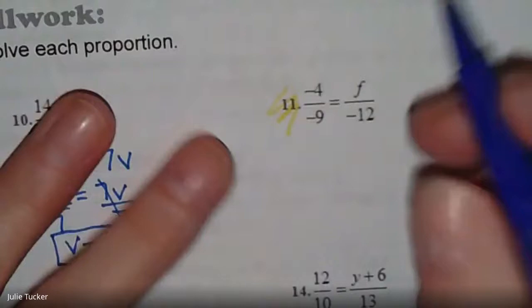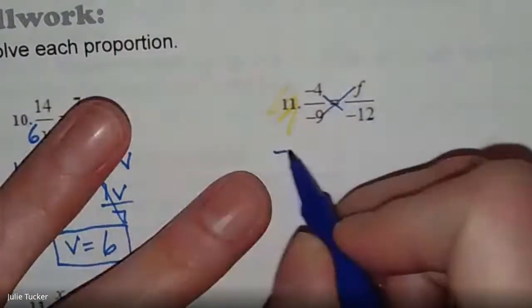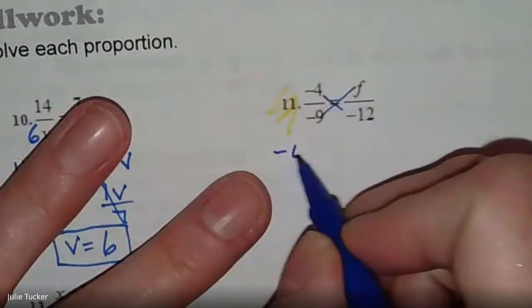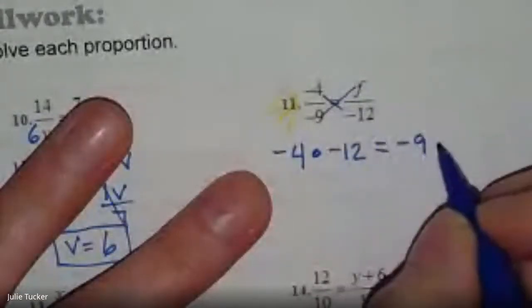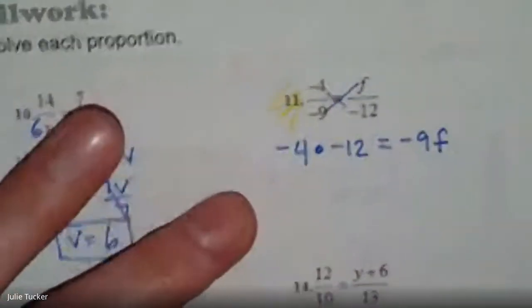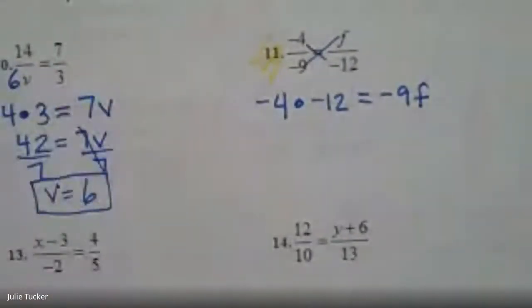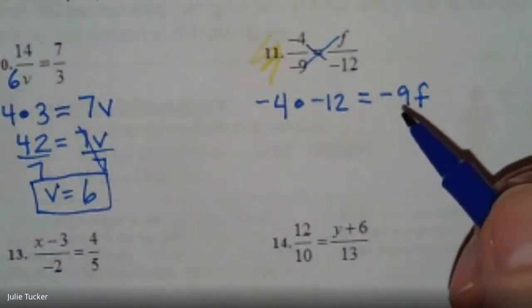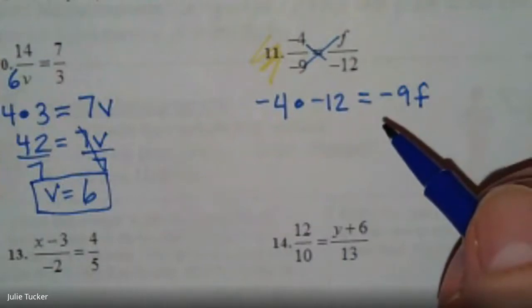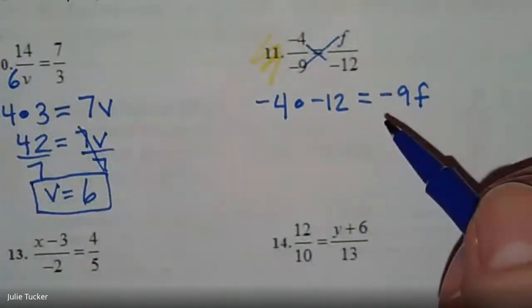So we're going to do our cross product. -4 times -12 equals -9 times f. What is -4 times -12? -40.